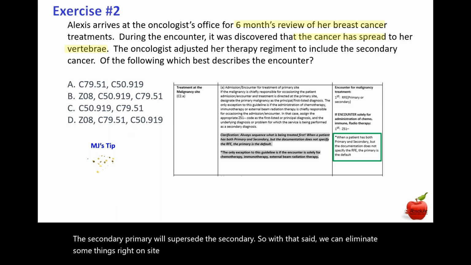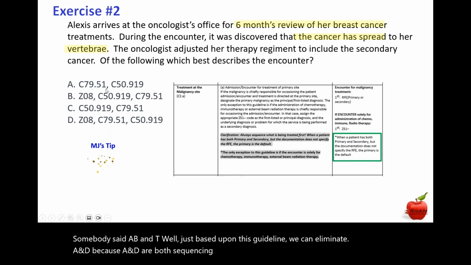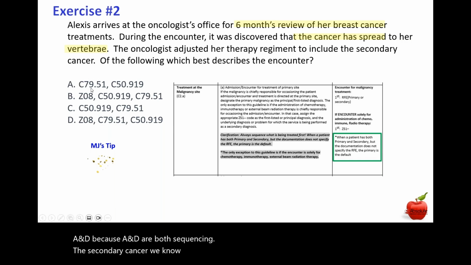Go ahead, coders, type in the chat. Somebody said A, B, and D. Well, just based upon this guideline, we can eliminate A and D. The secondary cancer, we know this is secondary, C79 secondary, right?